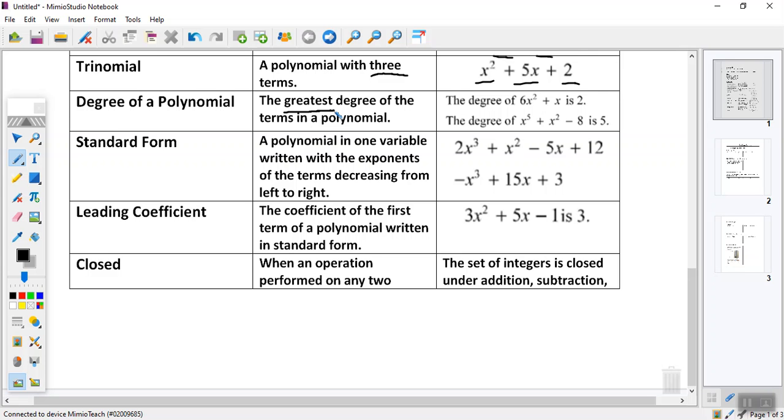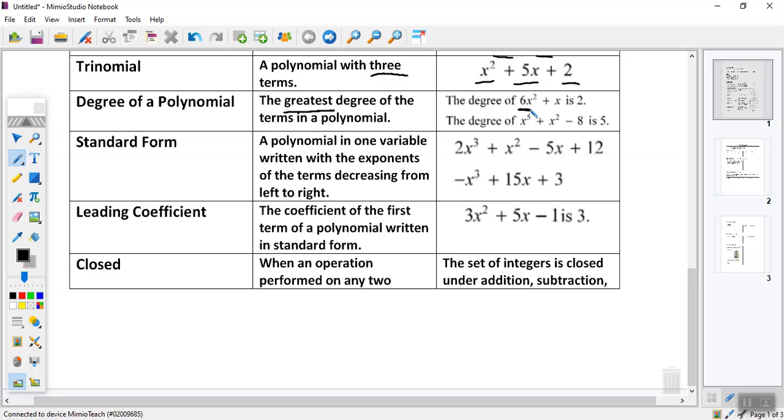What's the degree of this part? 1. So this part's going to win. The degree is 2. In this example, x to the 5th plus x squared minus 8, there's 3 terms. Which term has the highest power? X to the 5th. Therefore, the degree of that polynomial is degree 5.